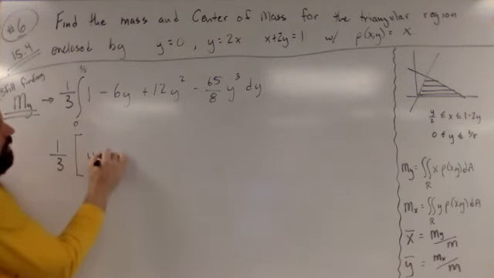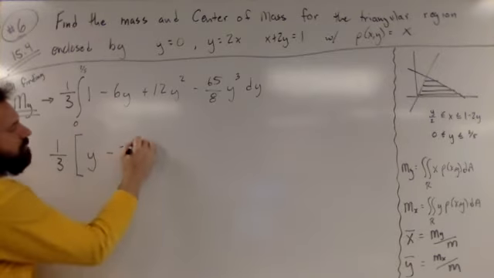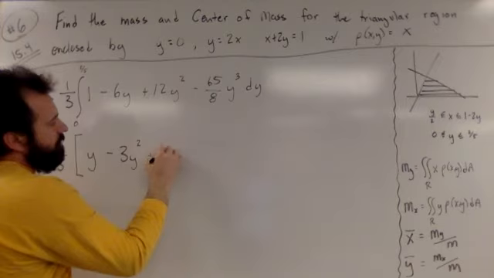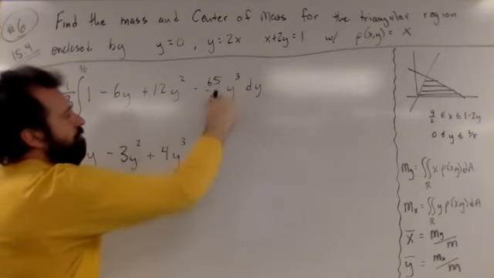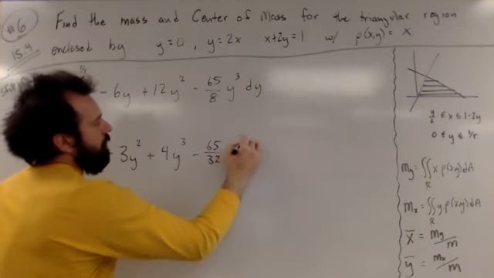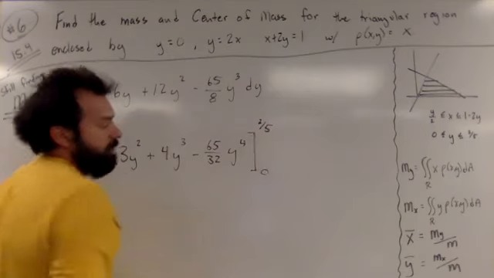The antiderivative of 1 is y. The antiderivative of 6y is going to be 1/2, so that's 3y squared. The antiderivative of 12y squared is going to be 1/3, so that'll give me 4y cubed. The antiderivative here is going to be 1/4, so that'll give me 65 over 32 y to the 4th. And then I want to evaluate that between 0 and 2/5.